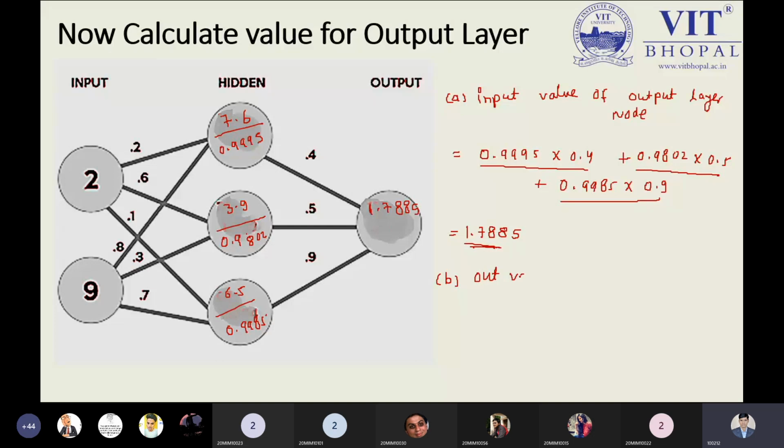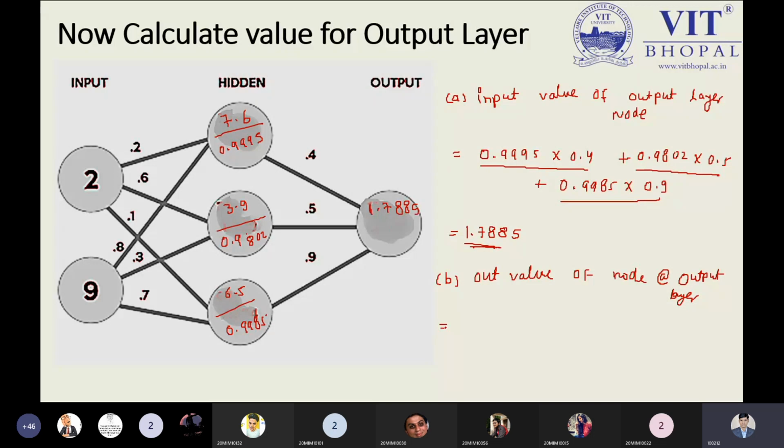We can easily calculate the out value of the node at the output layer. Just use the activation function. So far we have used the sigma activation function.